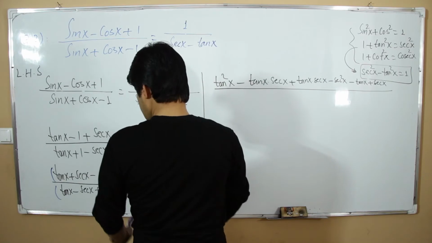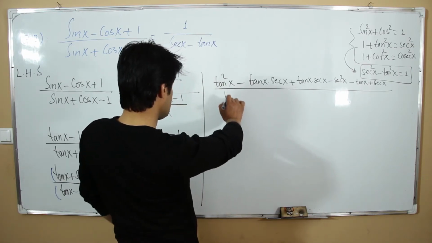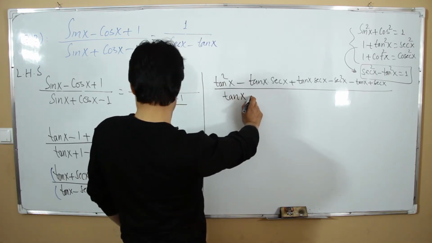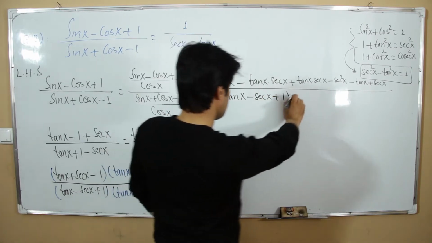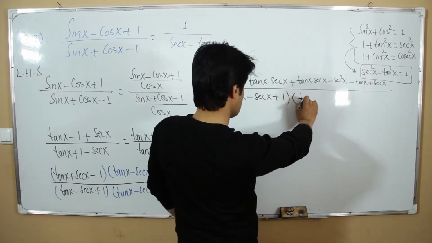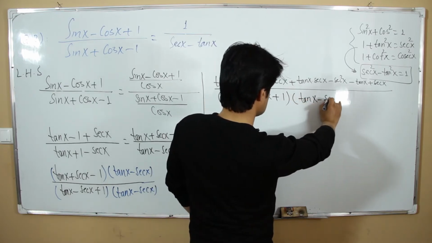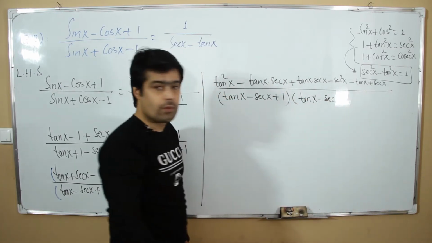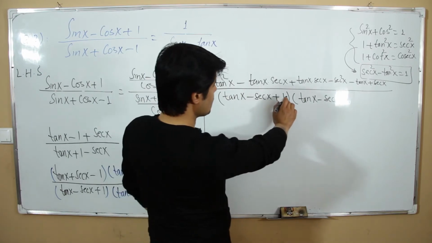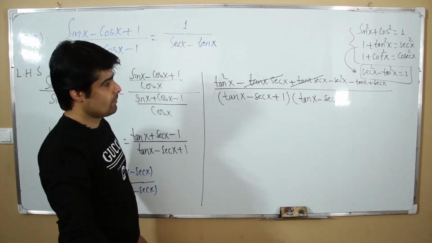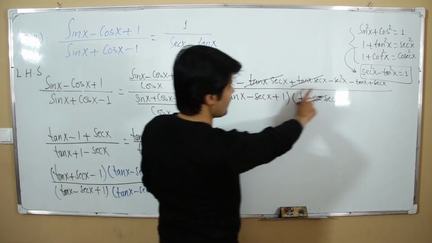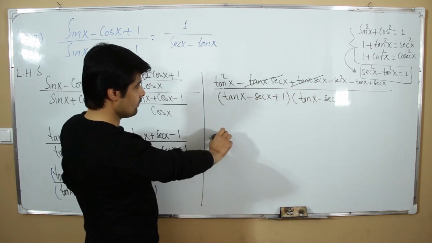Now we have in the denominator, do not multiply, tangent x minus secant x plus 1. Here we have tangent x minus secant x. Now I think this one is cancelled, and we have tangent square minus secant square.